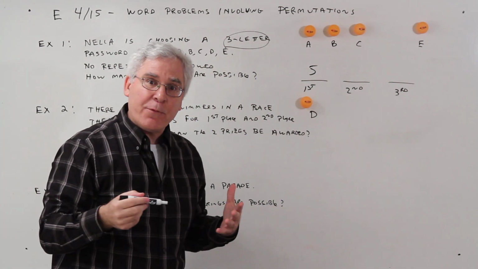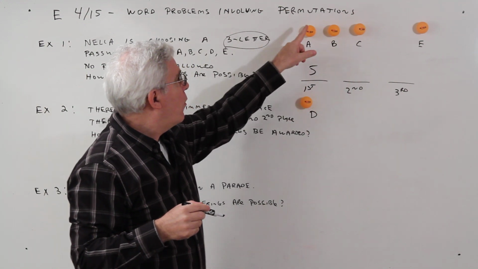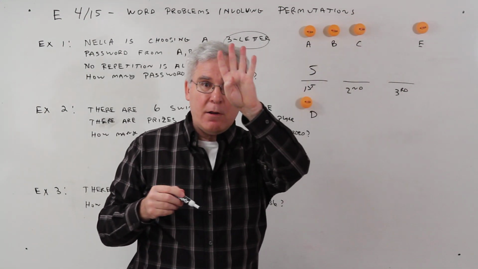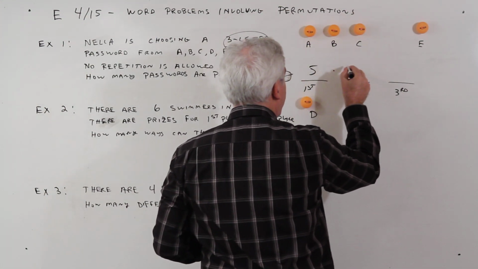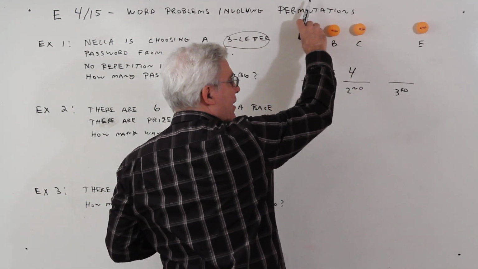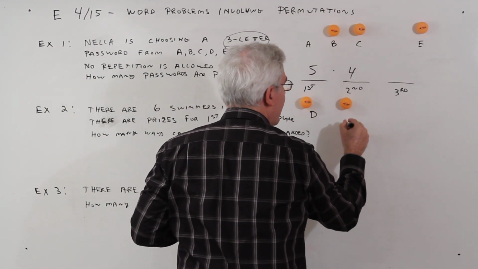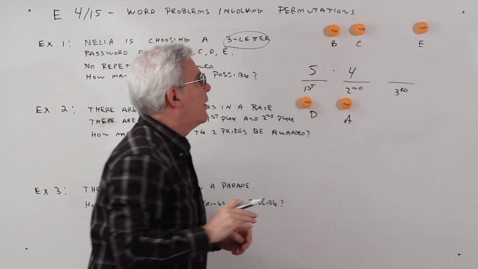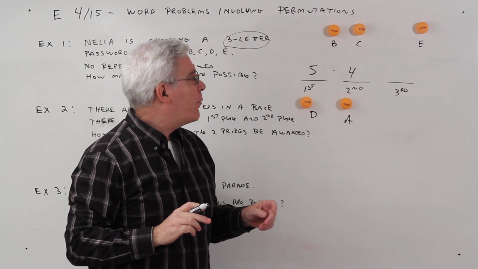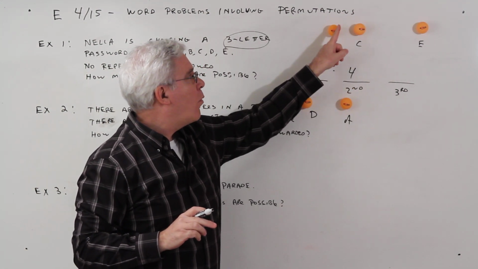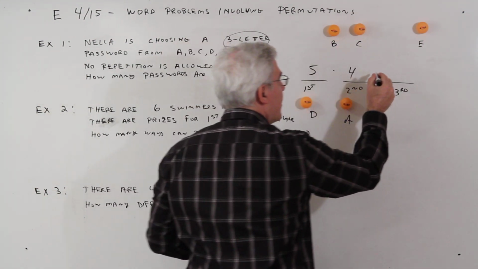Now, how many different letters can be second? 1, 2, 3, 4. Okay, so times 4. Let's make it be the letter A. And now, how many different ways can a letter be third? 1, 2, 3.